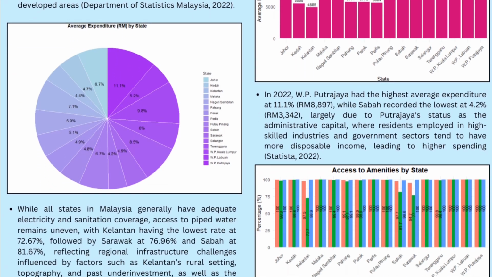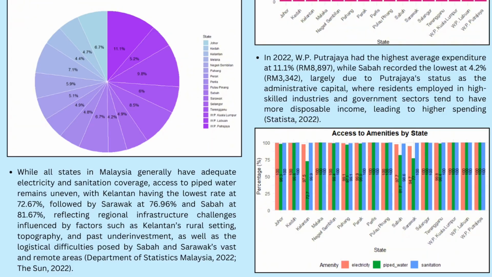Moving on to the next figure, which explains access to amenities by state in Malaysia in 2022. It can be demonstrated that all the states in Malaysia generally have an adequate amount of access to electricity and sanitation coverage.